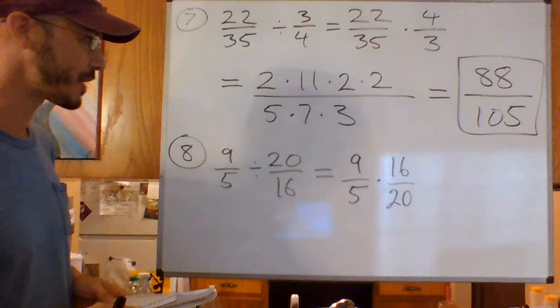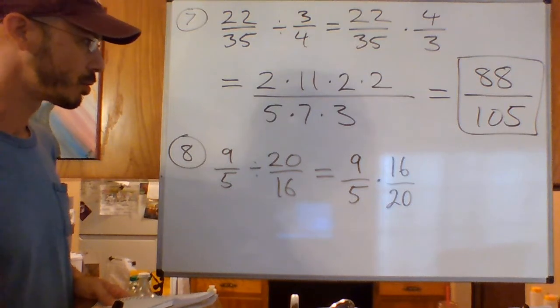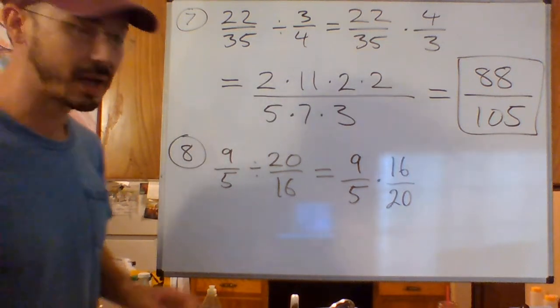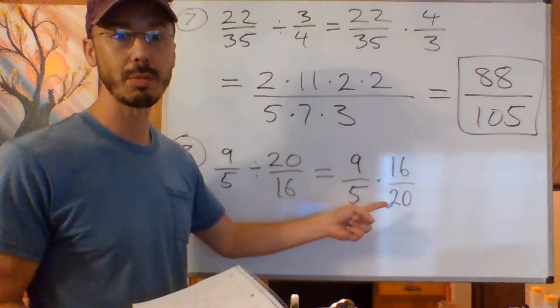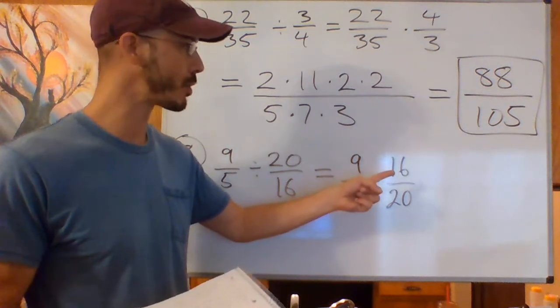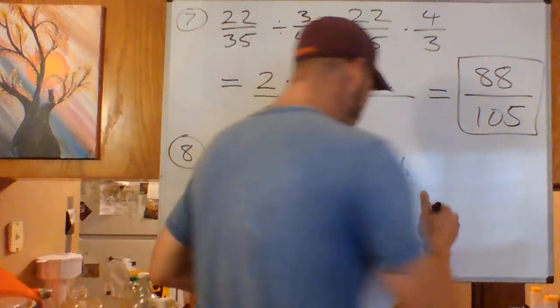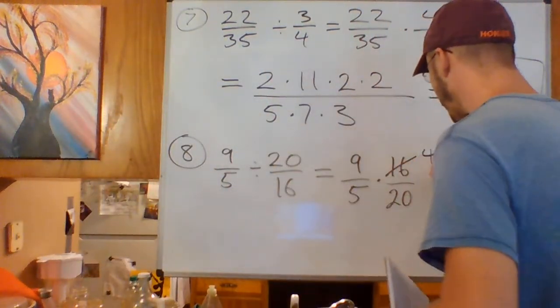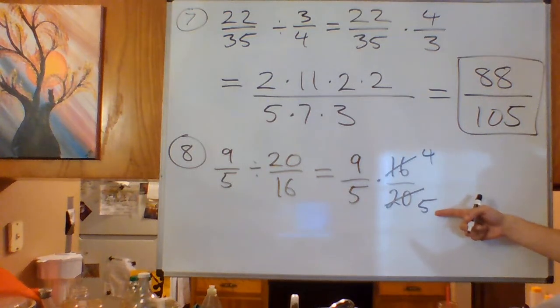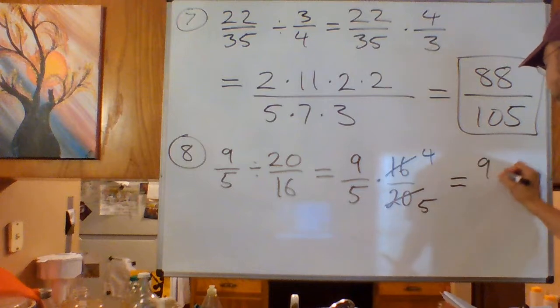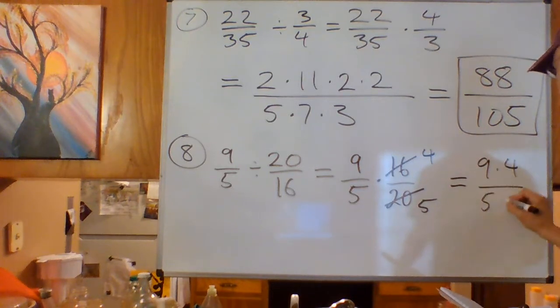And then look for common factors, and, well, I see a common factor of 4, because 20 is divisible by 4 and 16 is divisible by 4. That means if I cancel that factor of 4, it leaves a 4 and a 5. And the result here is 9 times 4 over 5 times 5.